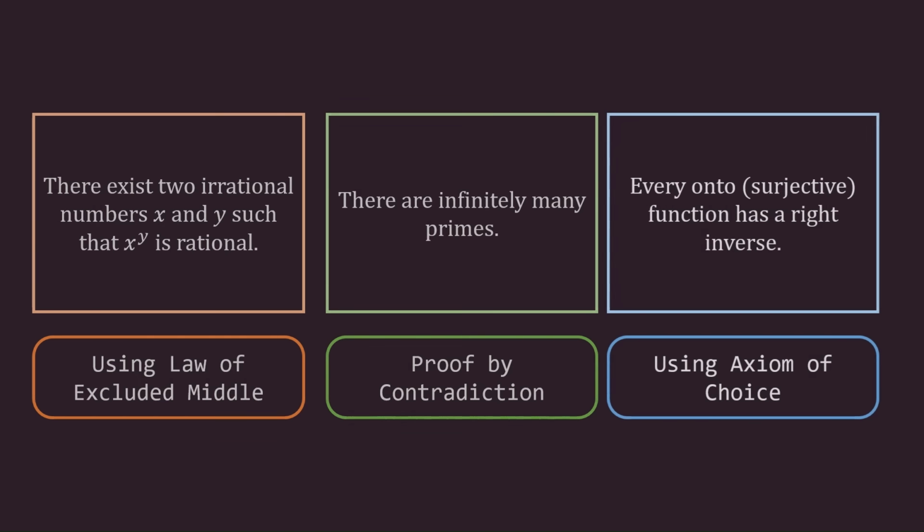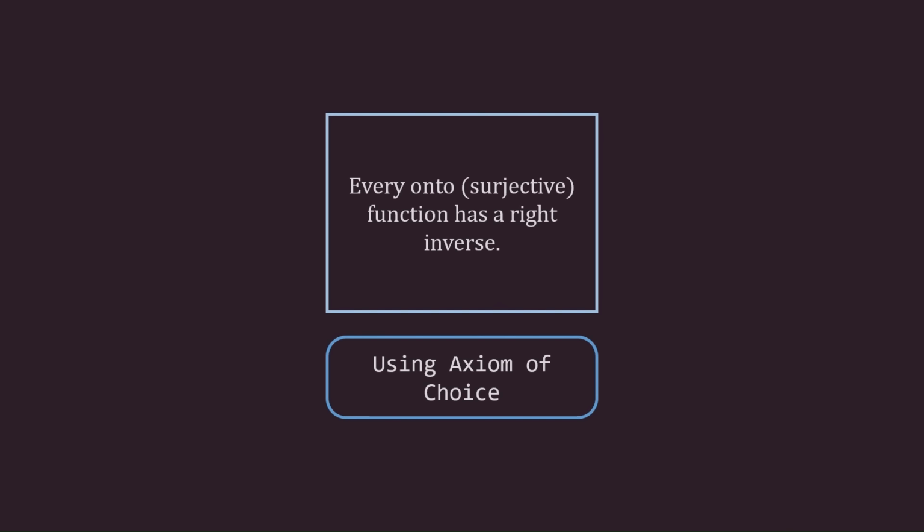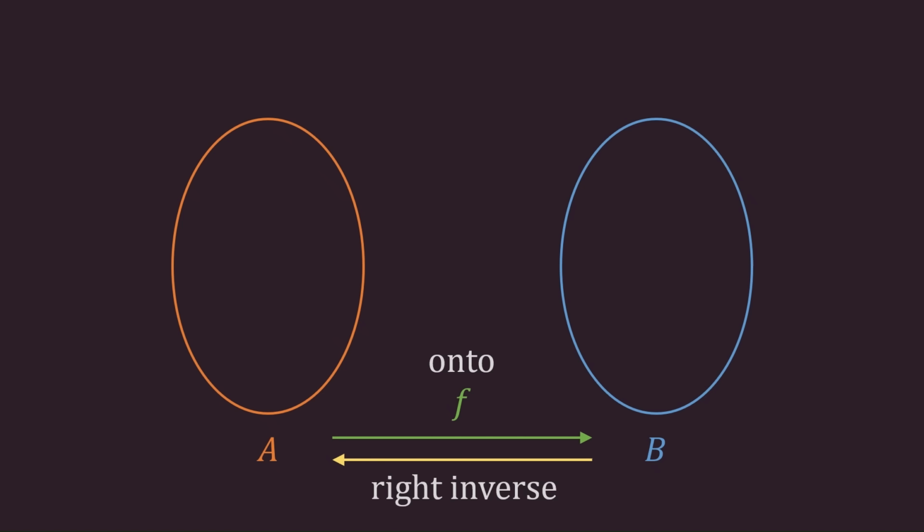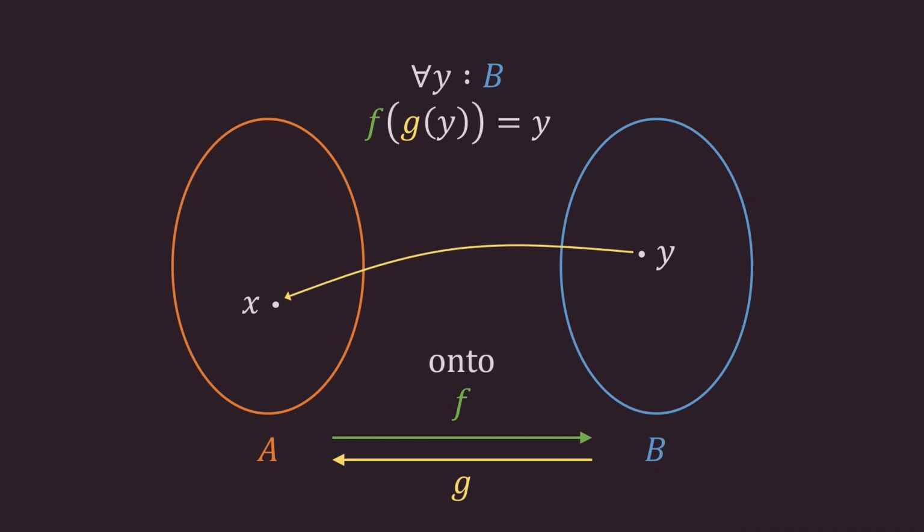Our final proof uses the axiom of choice. We need to show that every onto function f from a to b has a right inverse. In other words, there exists a function g from b to a such that for all y in b, f of g of y equals y. Let's start.